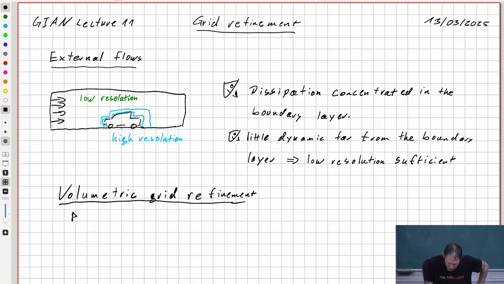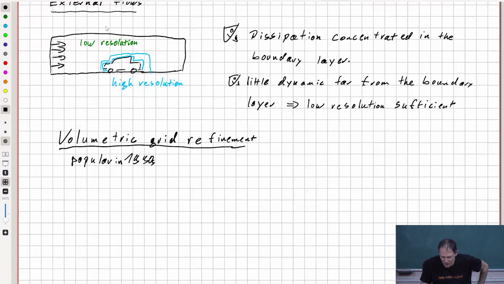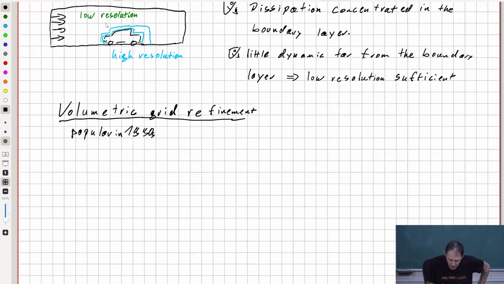Say this was popular in the 1990s. There's actually a patent on this from this company. So how did this work?